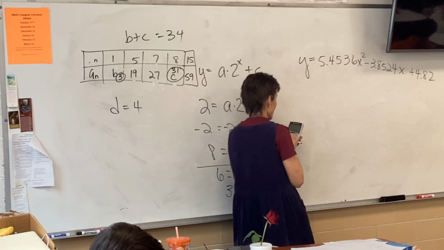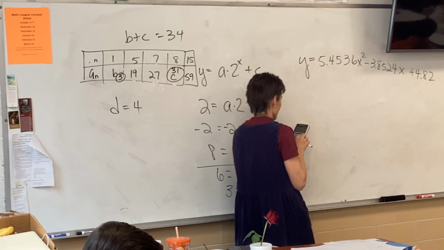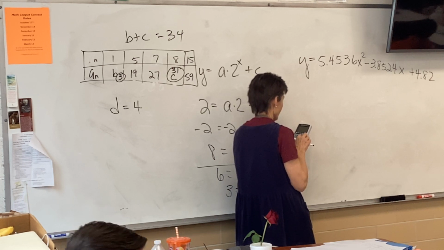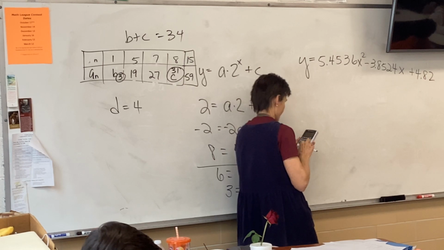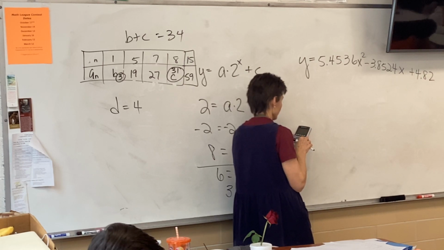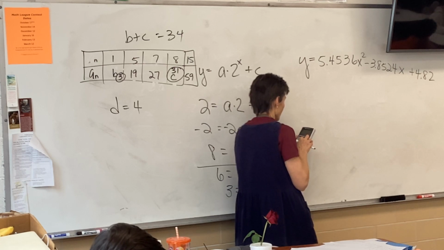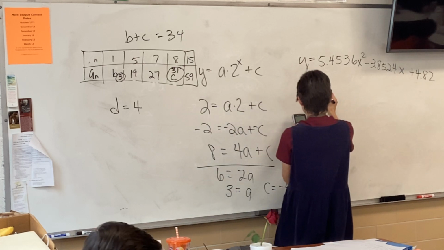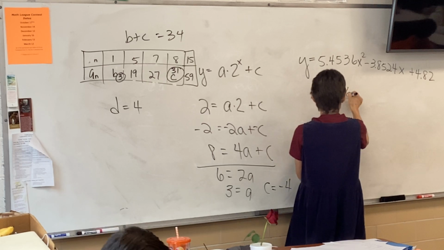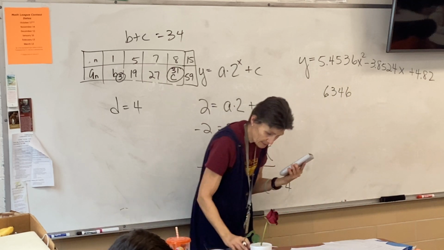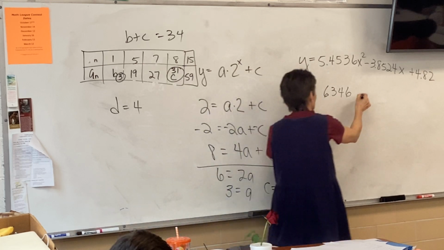Okay, so second calc, intersect. Looks like it happens about 6.346, what is 19 years?